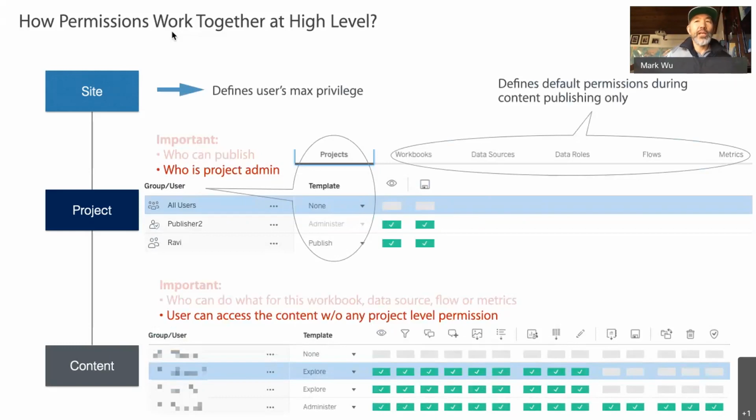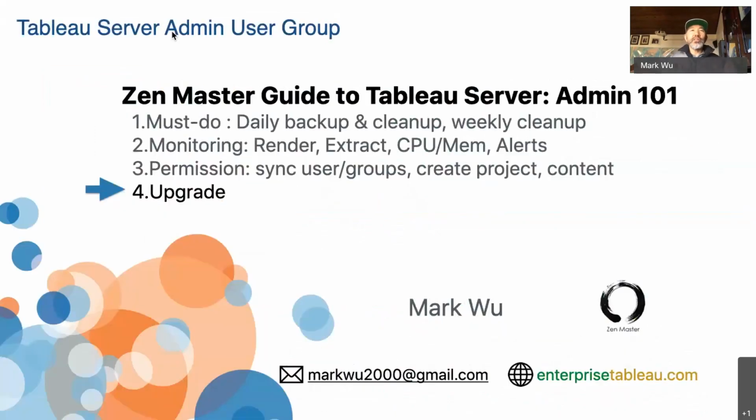And this piece is important for server admins to understand the basic permission stuff. All right, so we covered users and group sync. I strongly recommend using AD if your company uses AD. If you choose local, you will have to sync them either using scripts yourself, or you will have to manage users manually.